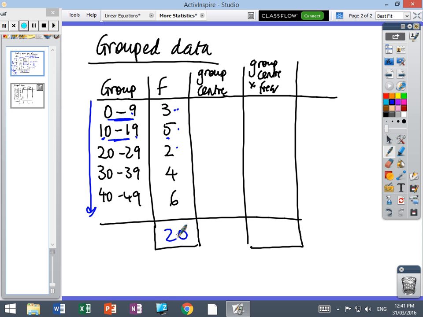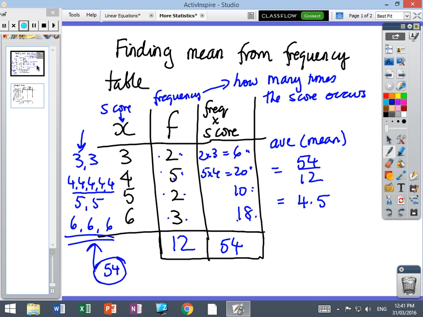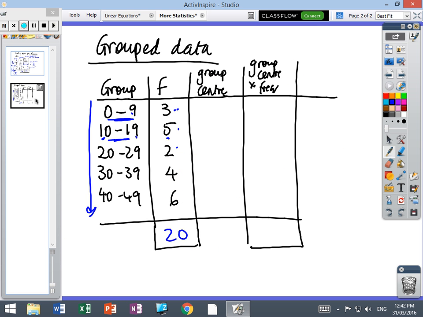Now, in the previous one, we were going frequency times score to get a number. When we have group data, we don't know what number they got, but the average of those numbers is what we're going to say that they got. So the average is, if you add those two numbers, 0 plus 9 over 2, and you put that in the calculator, you get 4.5.